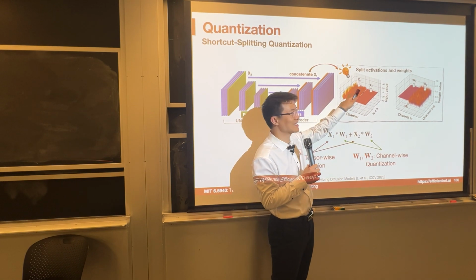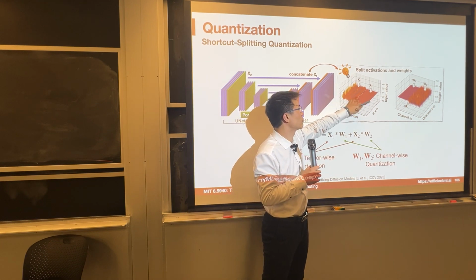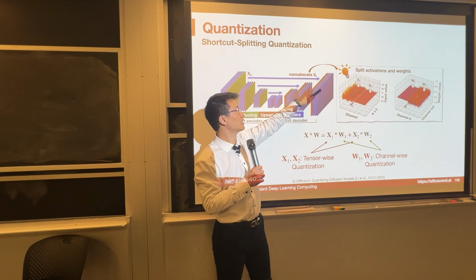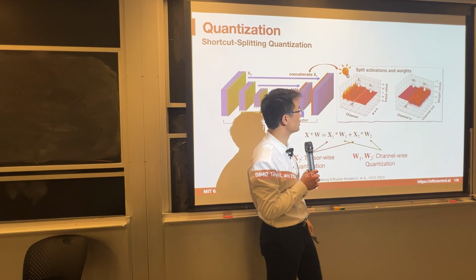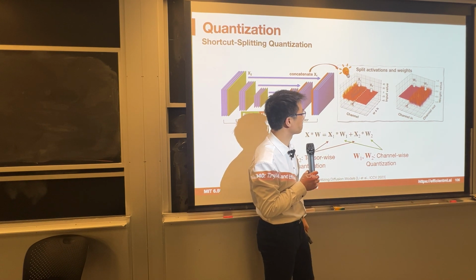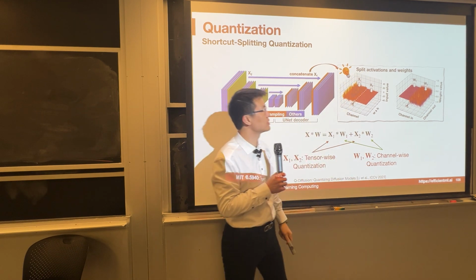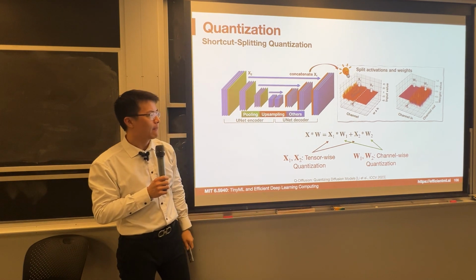So rather than using the same scaling factor and bias to characterize both x1 and x2, one from the downsample layer and one from the upsample layer, we should use separate scaling factors and biases for them. So we split the activations and the weights. One is from here, one is from here.